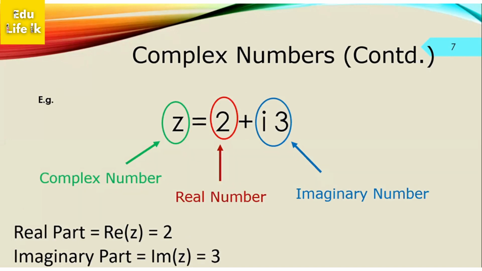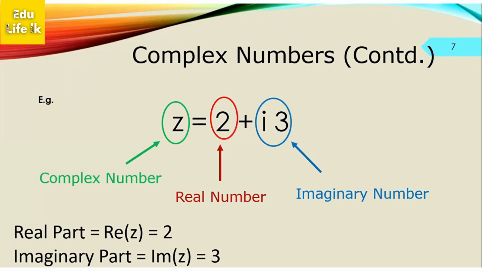In the earlier example, we had z equals 2 plus I times 3 or 3 times I, whatever. Then Re z, the real part of z, becomes 2. Imaginary part became 3. That is our example.